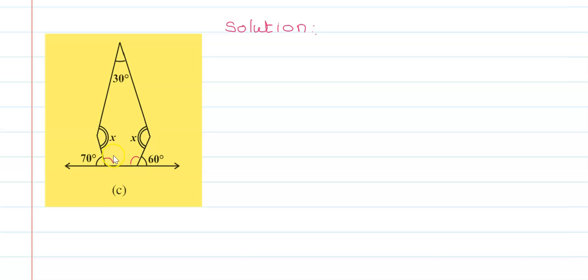The measure of these angles, suppose that it is y and this is z. These two angles are a linear pair. Therefore, I will write here 70 degree plus y is equals to 180. What is here?